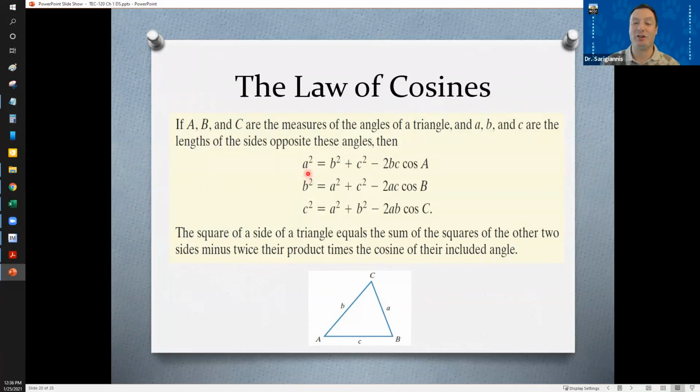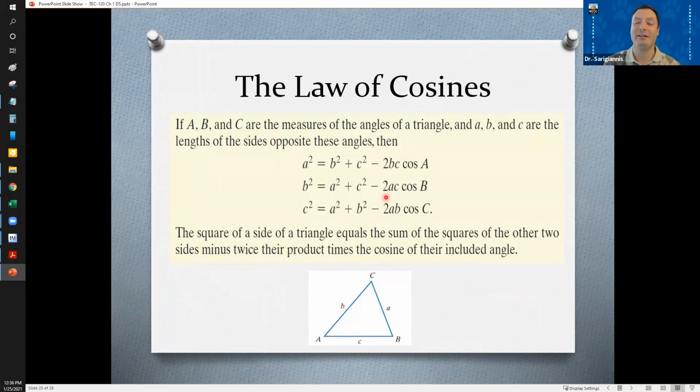Let's look at the first equation. A squared equals b squared plus c squared minus 2bc cosine A. So where are B and C? B and C are over here. Their included angle is angle A, right? So A squared equals B squared plus C squared minus 2 times the product, right?